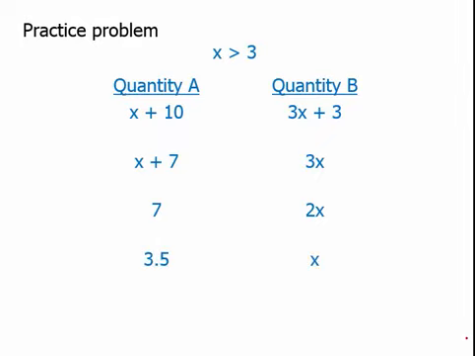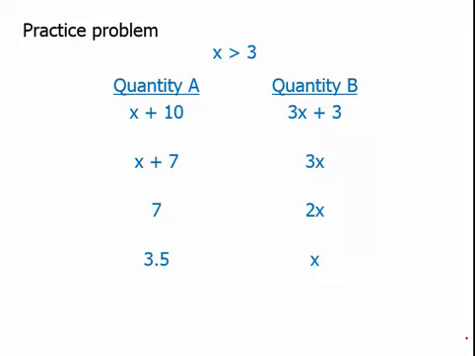And now we can see that this comparison between quantity A and quantity B is identical to comparing x to 3.5. So this is interesting. If x is bigger than 3, how does it compare to 3.5? Well, if you're stuck thinking about integers, then if you think greater than 3, that would be 4, 5, 6, 7. All those are bigger than 3.5.